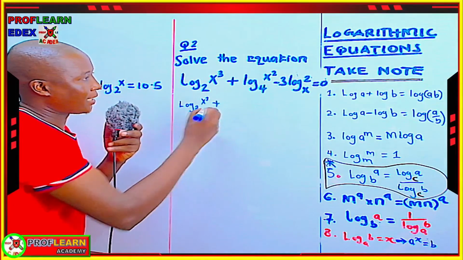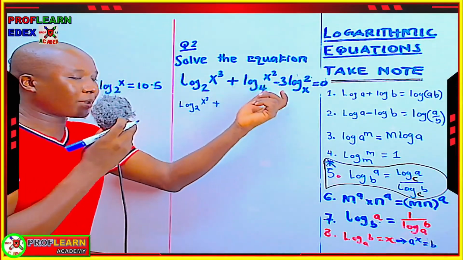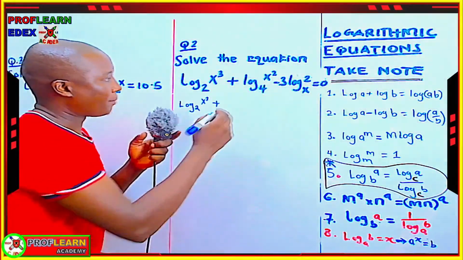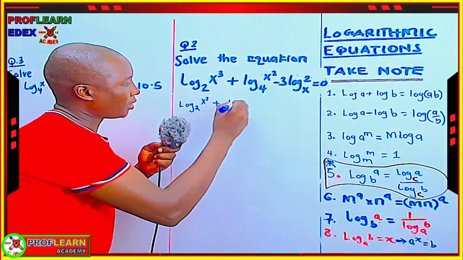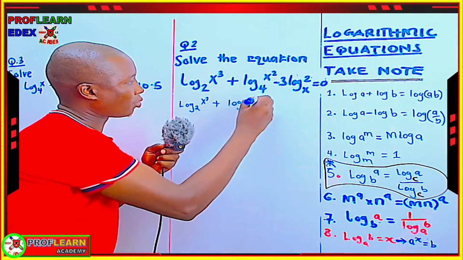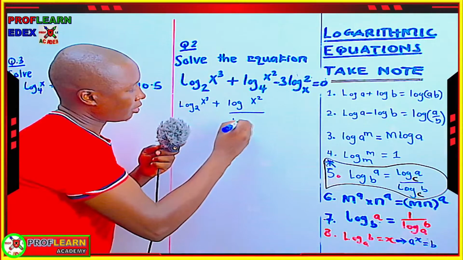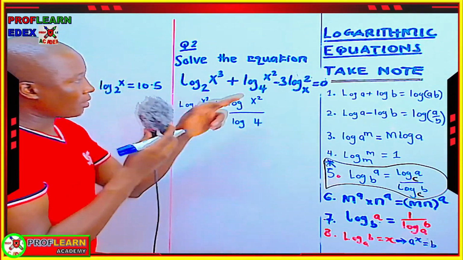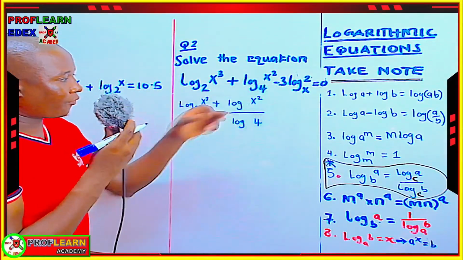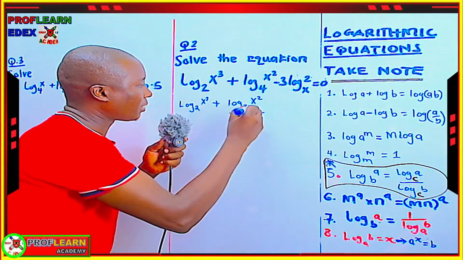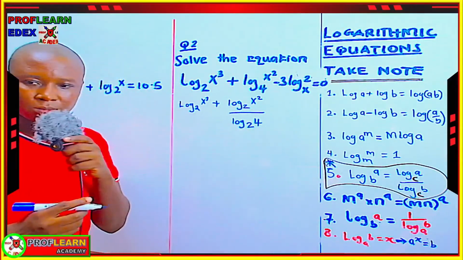When you have log m base m, the answer is 1. When the number and the log base are the same, it is 1. So this is going to reduce to minus 3 over log x base 2, and everything is equal to 0. We are almost home and dry.